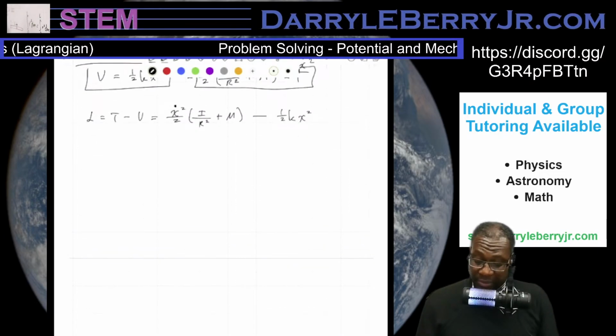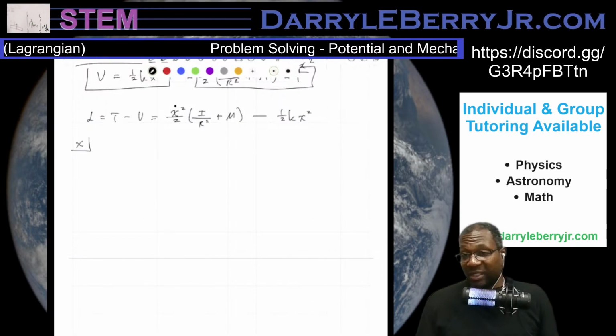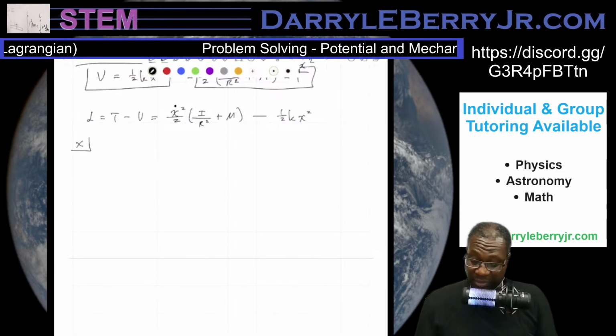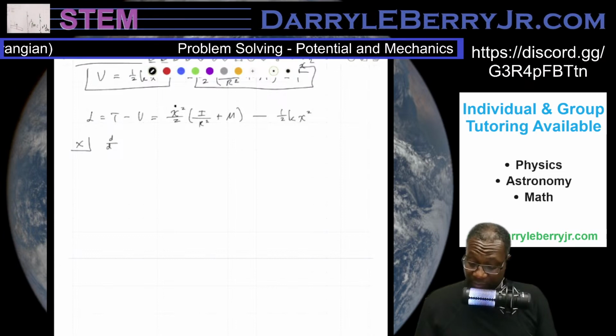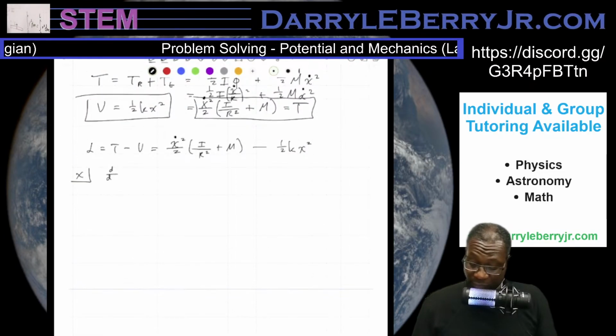So to use my Lagrangian, I'll just have one in x since I eliminated one of the variables with the constraint. We have d dt, because t is the independent variable.